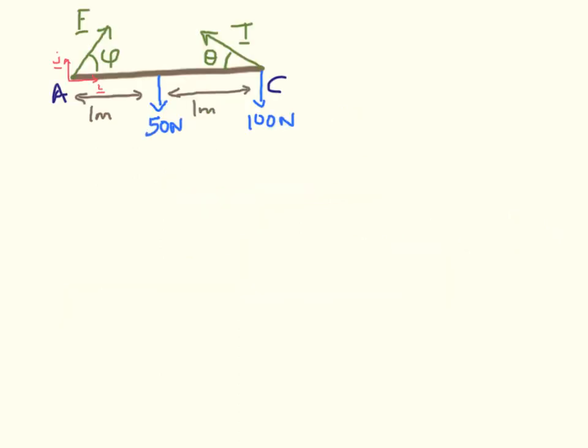On this slide I want to calculate the force from the wall, the reaction force, and it's a vector and it's going to have two components, as you can see here.